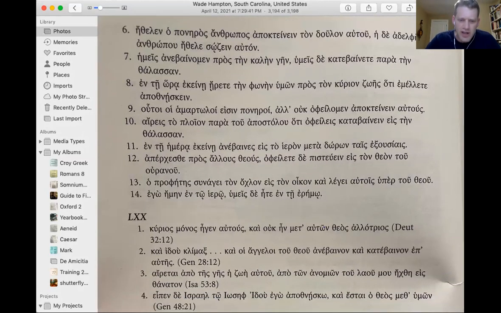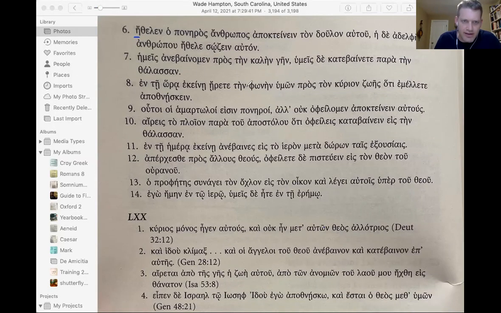Yeah, so here's another one of these weird spelling ones that we just have to be aware of. This comes from thelo, and thelo, instead of having an epsilon, takes an eta, but that's not because of good augment math, so to speak. Here's anabaino, ana becoming ana. Here's katabaino becoming kata. Oh, here's one. Okay, so we have airo.